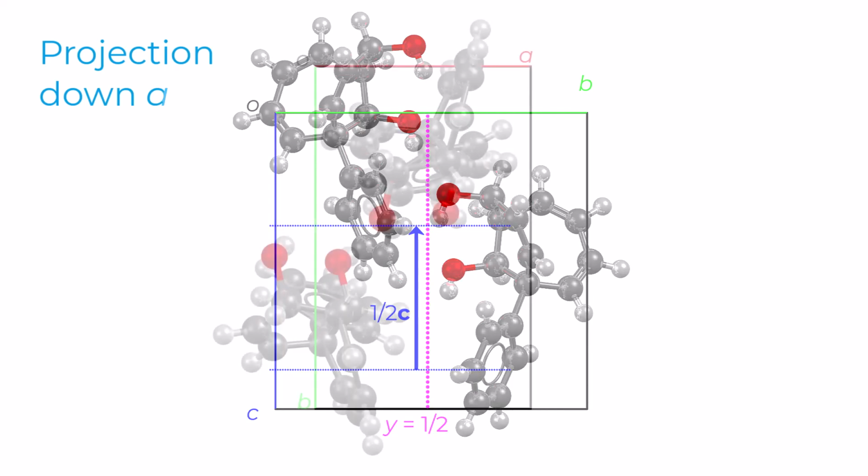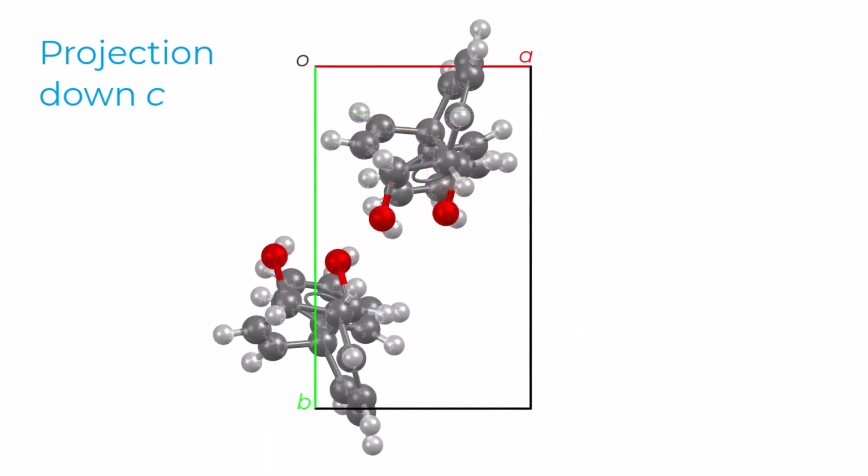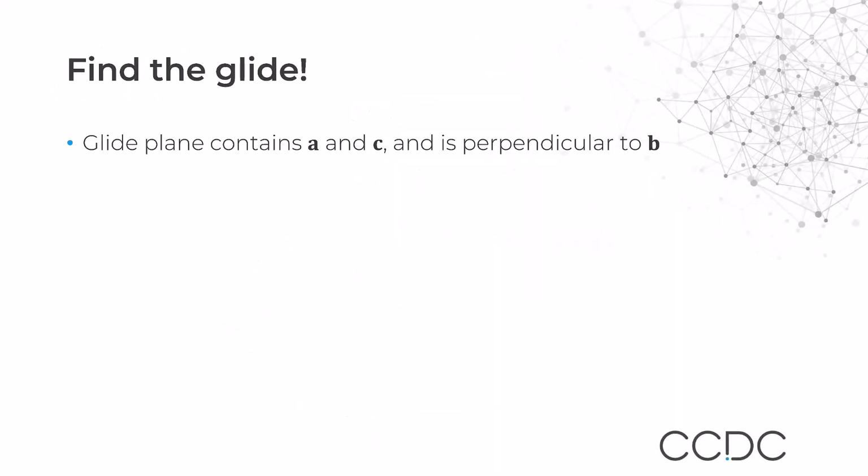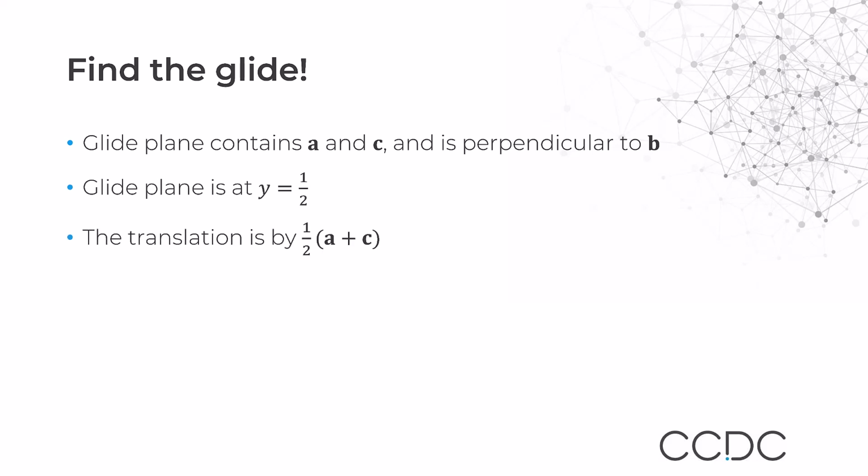Now look at the projection down c. Here, there is a reflection across a plane that is perpendicular to b and contains a. You might also spot that the displacement of a molecule and its reflection is a half a. So far then, we can say that there is a glide plane which contains the a and c directions perpendicular to b at a height y equals a half, and that there is a translation along the c direction and the a direction.